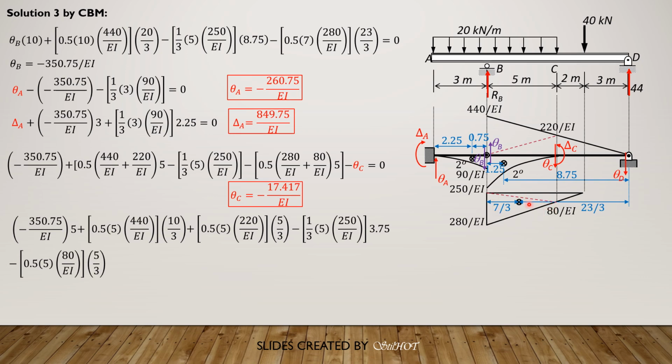Then minus this big triangle here, 0.5 of 5 times 280 over EI times 10/3. Then minus delta C equals 0. So solving for delta C is negative 1399.58583 over EI, just like before.